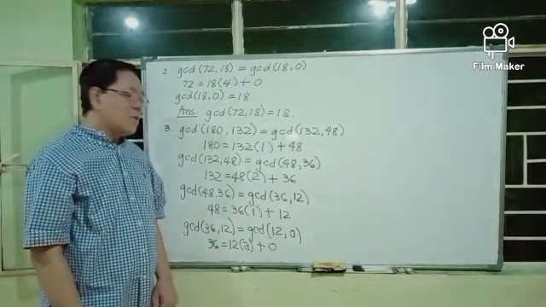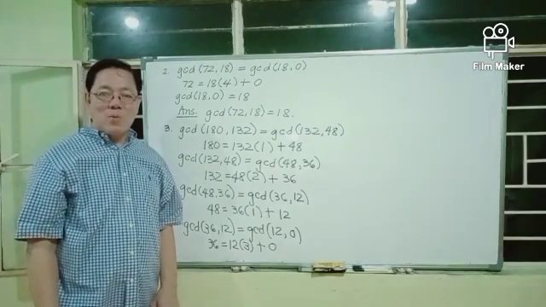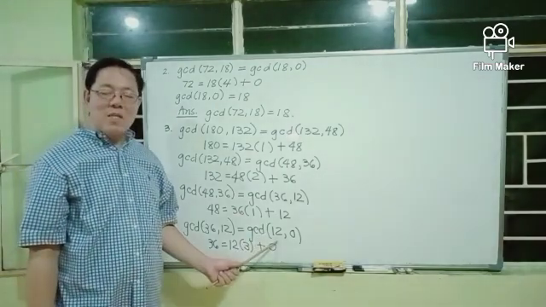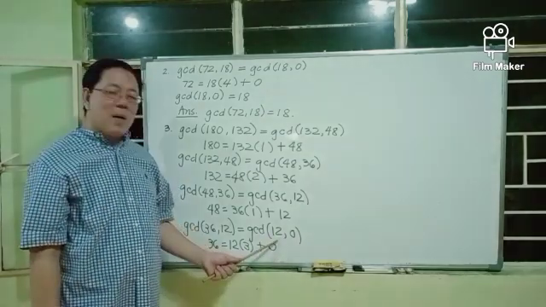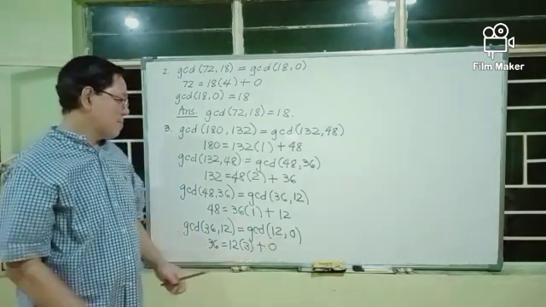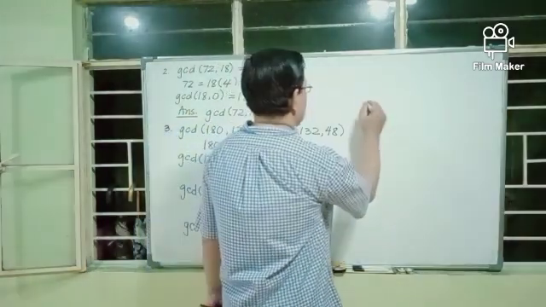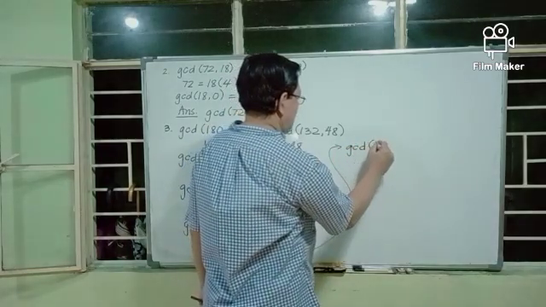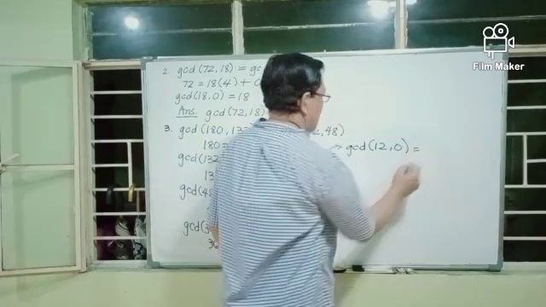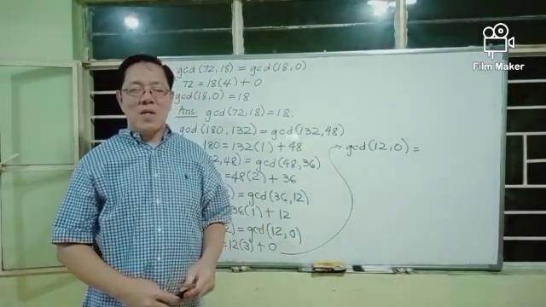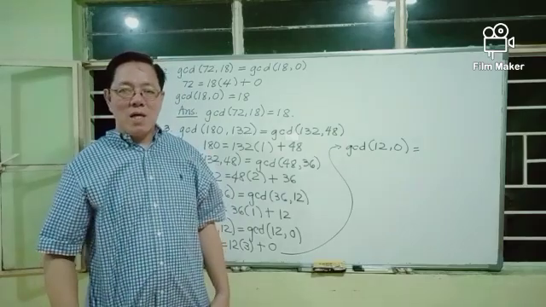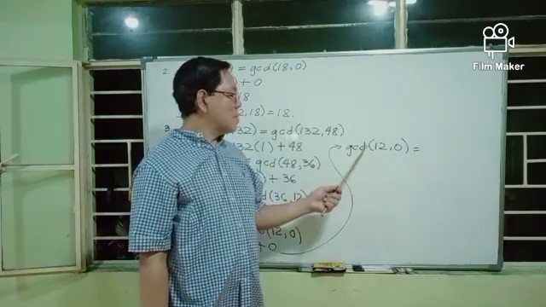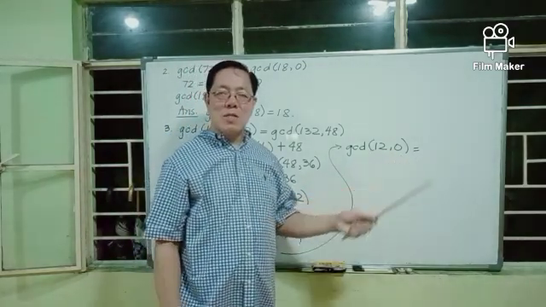You stop, and the algorithm ends when you reach the point when you get the greatest common divisor of a positive integer and 0, which is equal to the positive integer, denoted by A. And by using the result we have earlier, the greatest common divisor of A and 0, where A is greater than 0, is equal to A. Where in this example, A now is 12, so the greatest common divisor of 12 and 0 is 12.